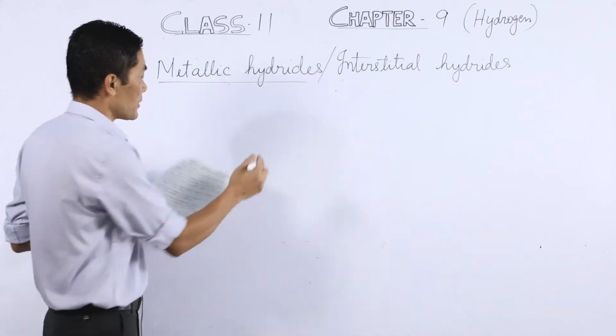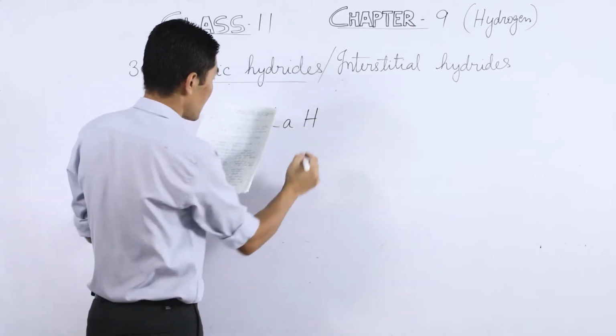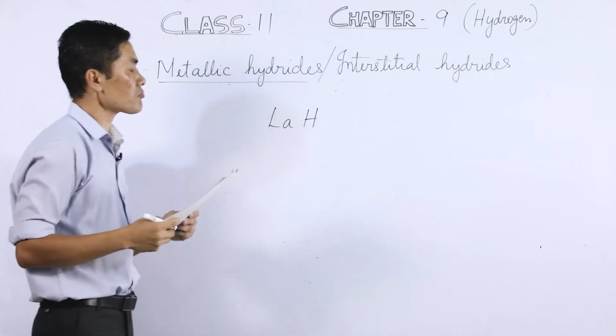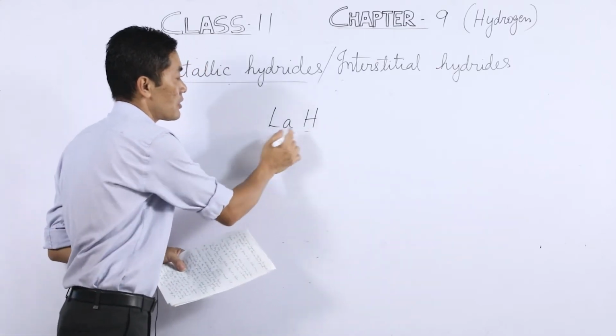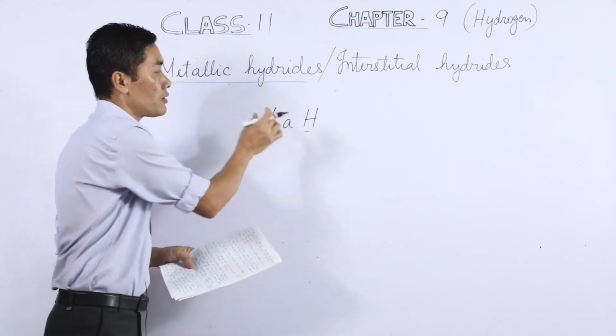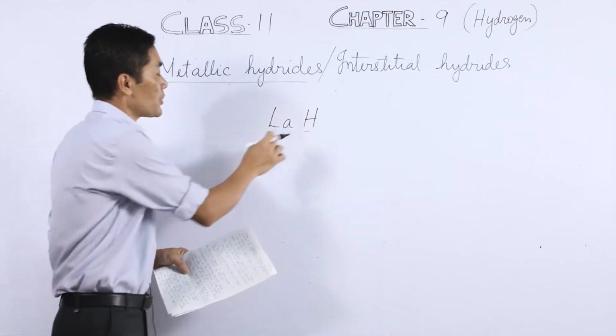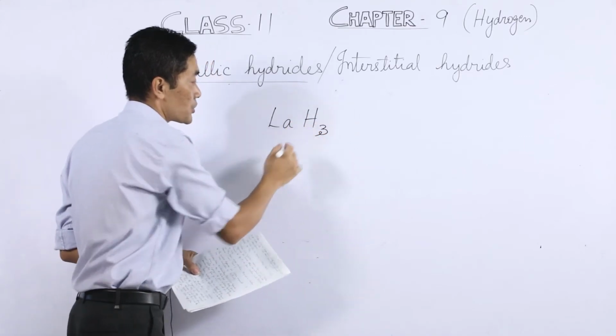For example, lanthanum hydride. The hydride of lanthanum is actually LaH3.